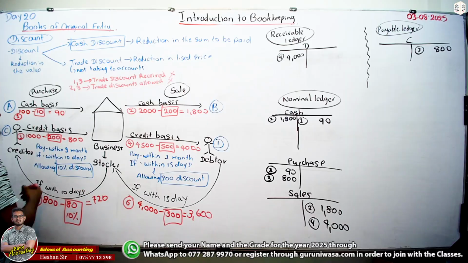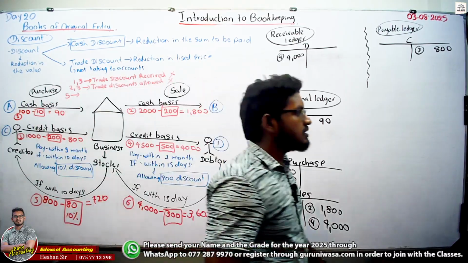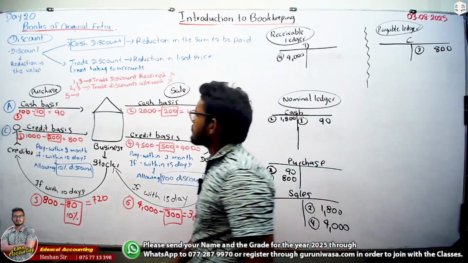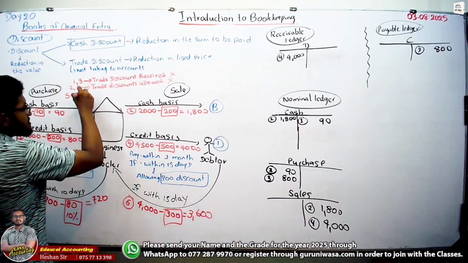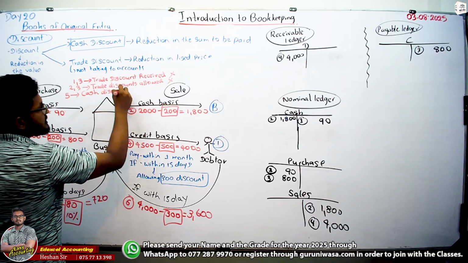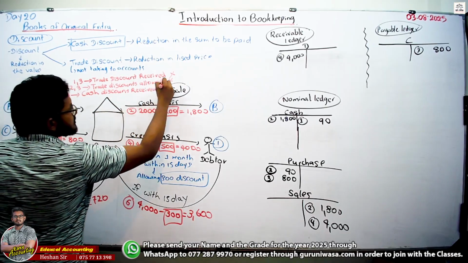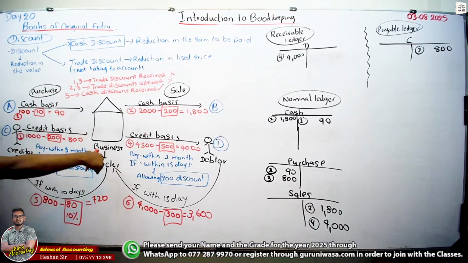But when it comes to number 5, it is a cash discount received. We take it to the accounts because we receive a cash discount. Because the supplier wants the money quickly, that's why he is giving a discount.